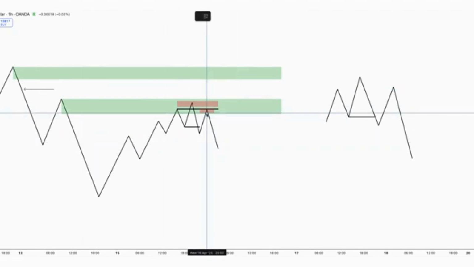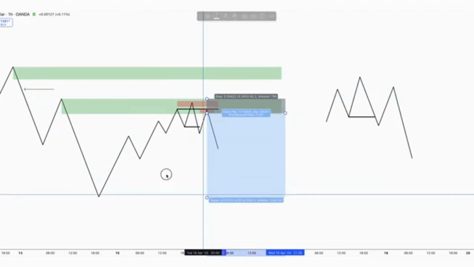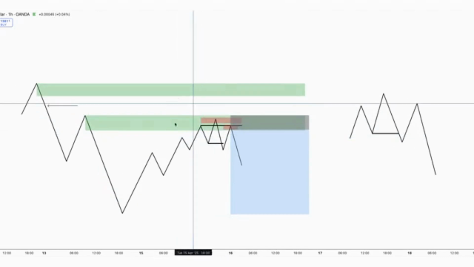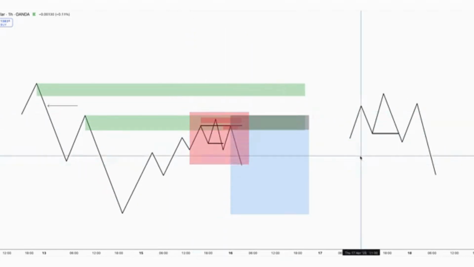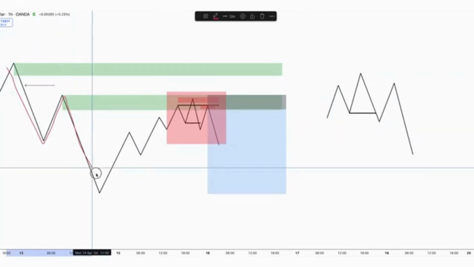So our trade could look like this, and it would be very high probability because what we've actually done is align the smaller trend here, so this reversal that's taking place inside of this area, with the larger trend, which, as we can see, is of course bearish.